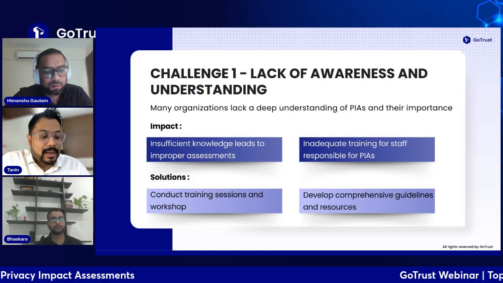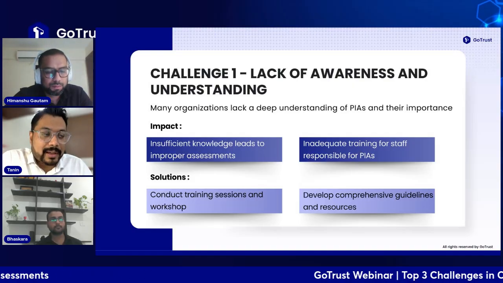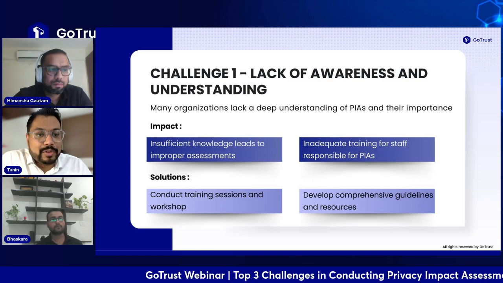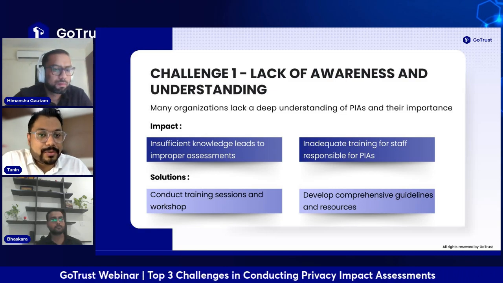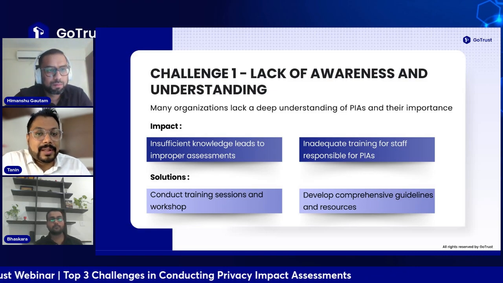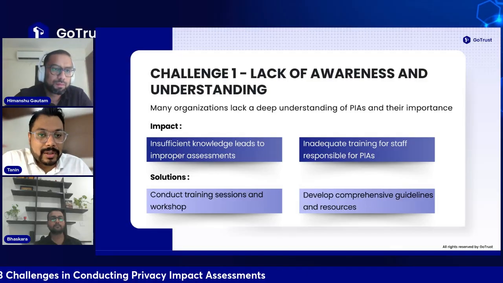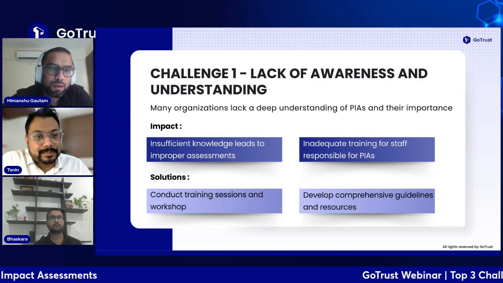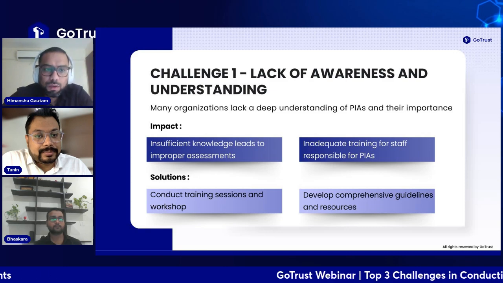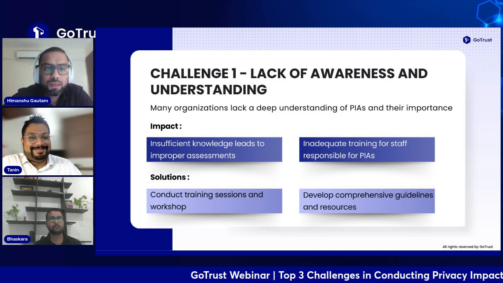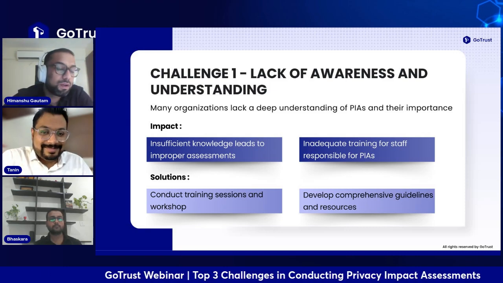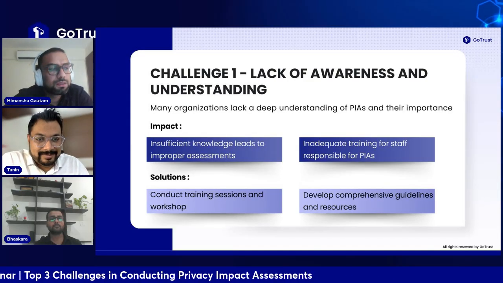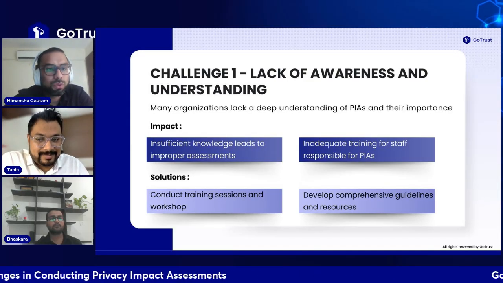Understand that employees are the weakest link, and we have to make sure the systems are so well built that they are aware of data privacy principles at a very early stage. Okay, thank you. So we covered the first challenge, where knowledge is the key, and training sessions and awareness programs are one of the keys to solving the challenge.